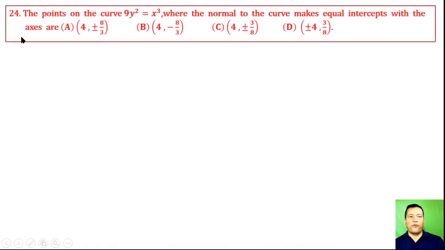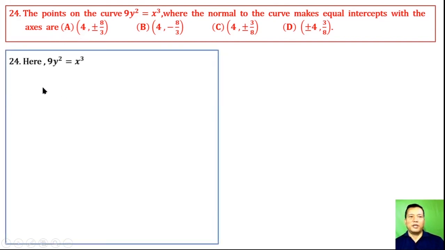Question number 24. The points on the curve where the normal to the curve makes equal intercepts with the axis are. Here the curve is 9 times y square equal to x cube.